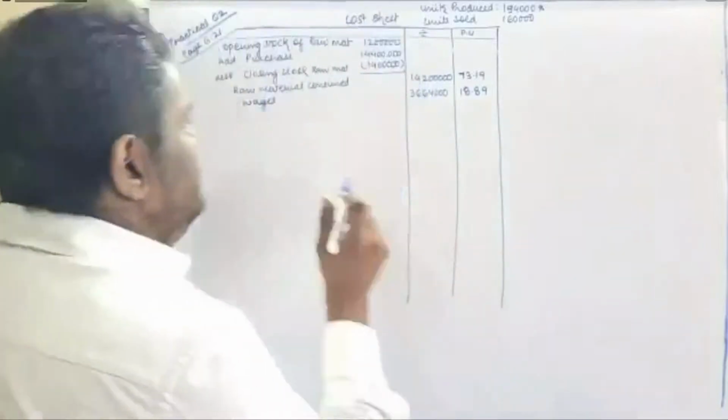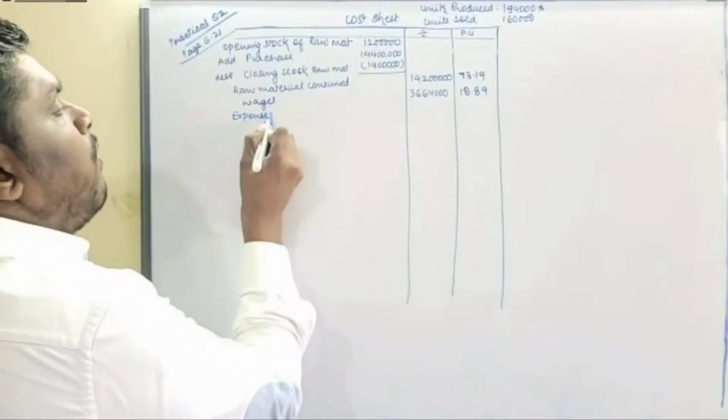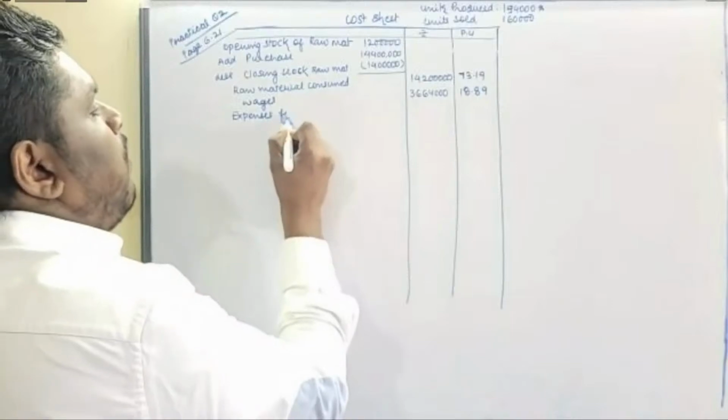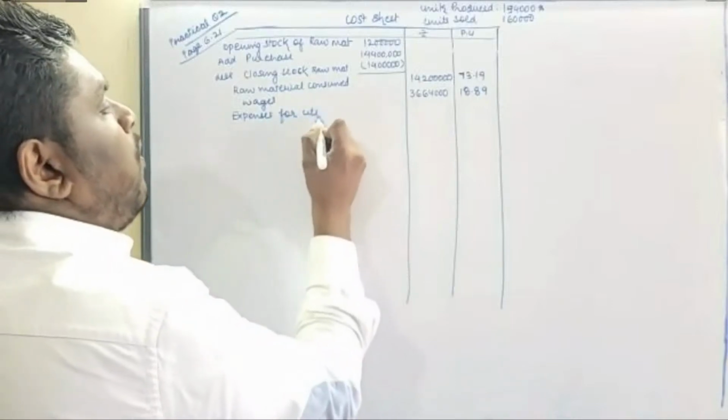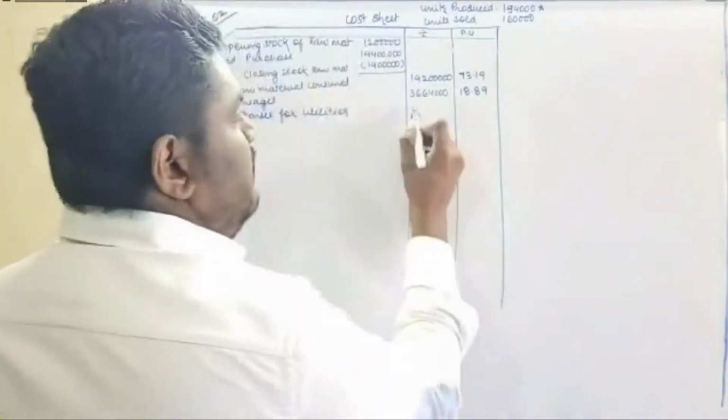Thereafter, expenses for utilities is direct expenses, and it is 1,45,600.